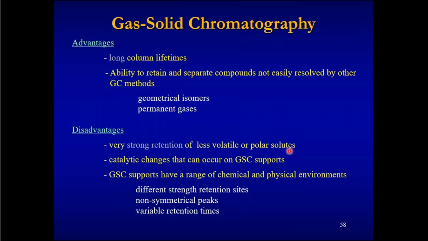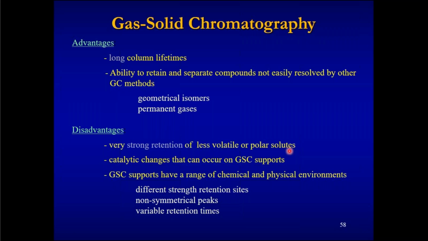Non-symmetrical peaks are more common, and these are referred to as tailing or fronting in the peaks, which are very common occurrences in gas chromatography. I will be telling you about that towards the end of this chapter. Here you do not get a symmetrical Gaussian shape.